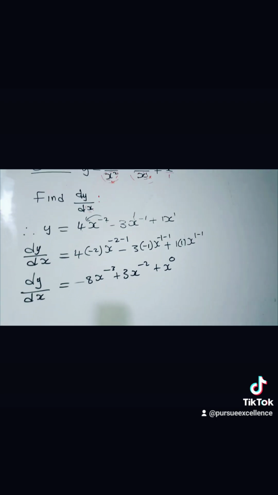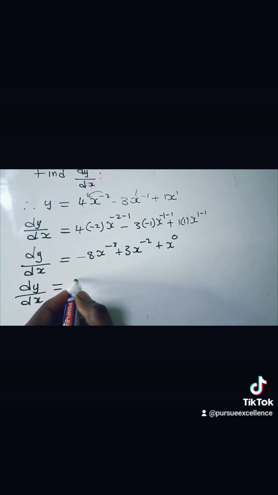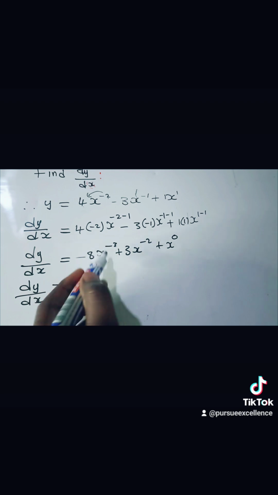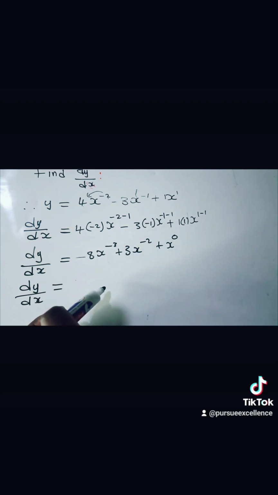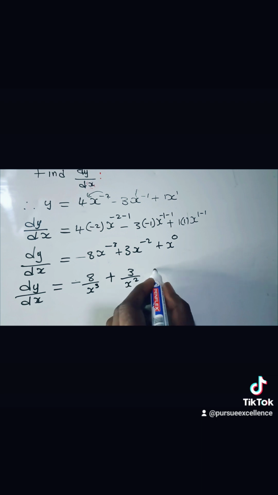Taking it further, I want to make sure that at the end I have positive exponents. So it's going to be negative 8 divided by x to the power of 3, plus 3 divided by x to the power of 2, plus x to the power of 0, which is just 1. There we go. This is how we solve the problem.